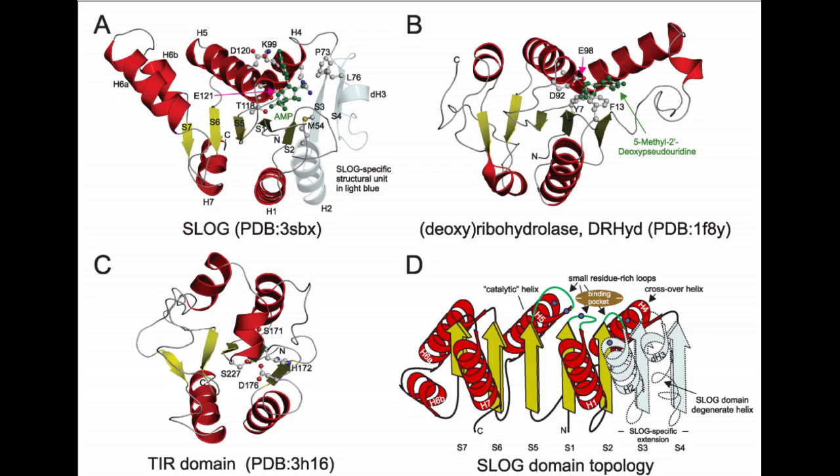So the unification of all these as a clade of Rossmannoid domains which bound nucleic acids or nucleotides, including NAD, brought them together. So the signals had a link on one side to nucleic acid biology, that is nucleic acid repair, sensing of nucleic acid during conjugation or transformation, as in the case of the SLOG superfamily. And on the other side, as these signaling enzymes in these conflict systems.